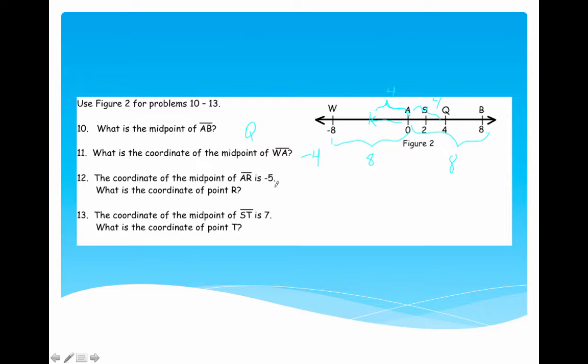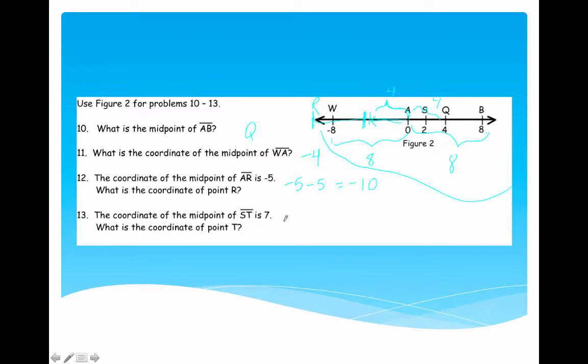The coordinate of the midpoint of AR is -5. So here's -5. And it's the midpoint of AR, which means R is over here. The coordinate of R, so I've gone -5. I need to go 5 more to the left, so that's subtract 5. So start at -5, go 5 more to the left, and you get -10.